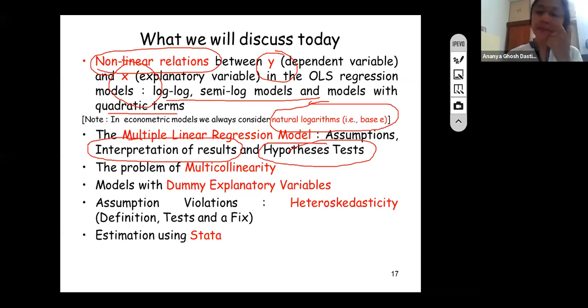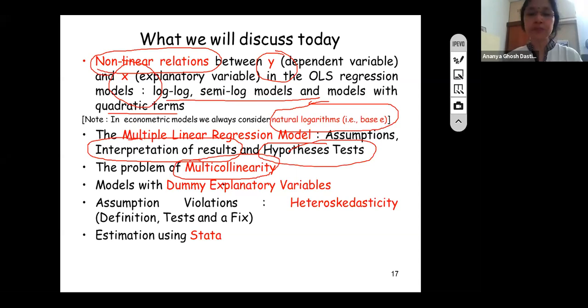Yesterday we talked about standard errors, and how standard errors can be used to calculate t-statistics and carry out hypothesis tests using those t-statistics. So I'll come back to hypothesis tests when I'm talking about the multiple linear regression model. And then I will end the morning session by discussing the problem of multicollinearity. That's the plan for the morning.